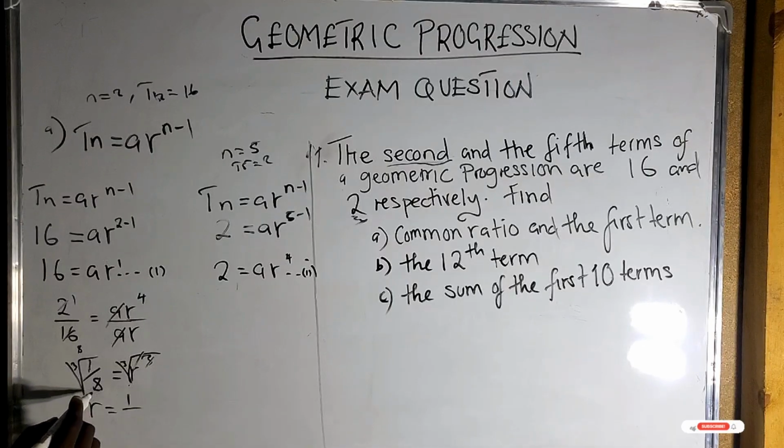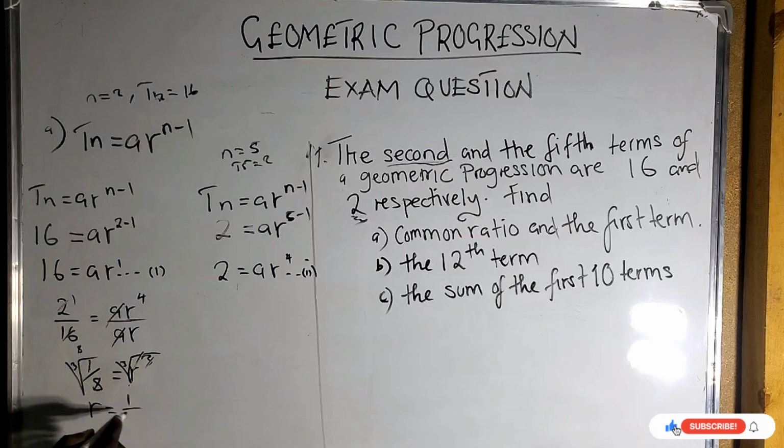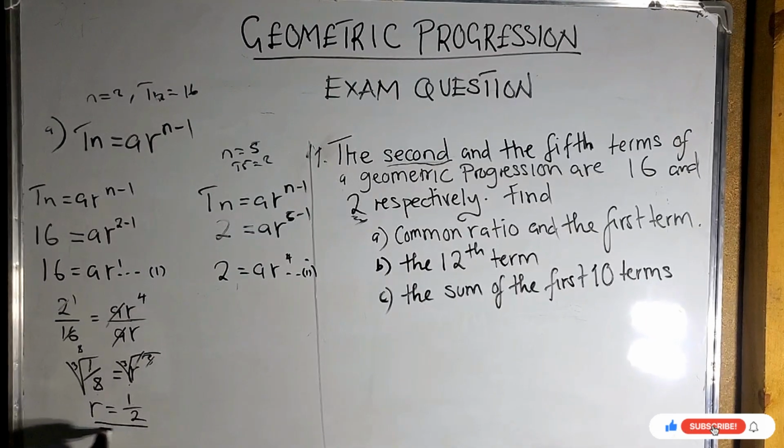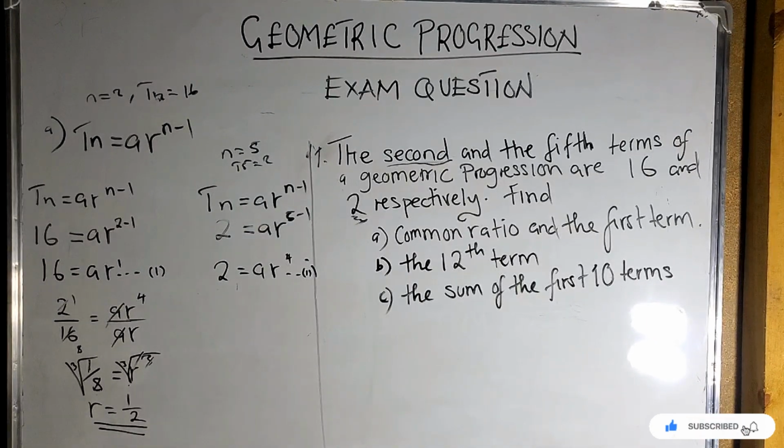The cube root of 8, the number that when multiplied by itself 3 times gives you 8, is 2. So the common ratio is 1 over 2. That is the common ratio.